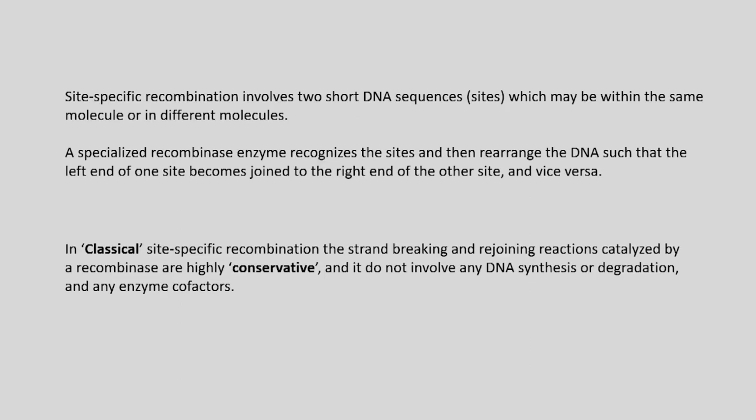Site-specific recombination involves two short DNA sequences or sites, which may be within the same molecule or in different molecules. A specialized recombinase enzyme recognizes the sites and then rearranges the DNA such that the left end of one side becomes joined to the right end of the other side and vice versa.